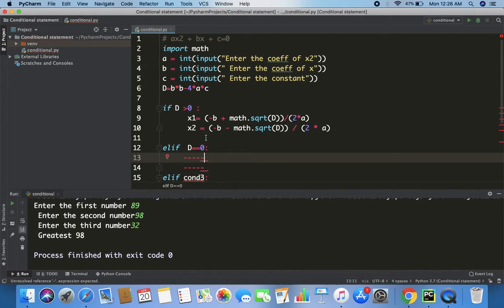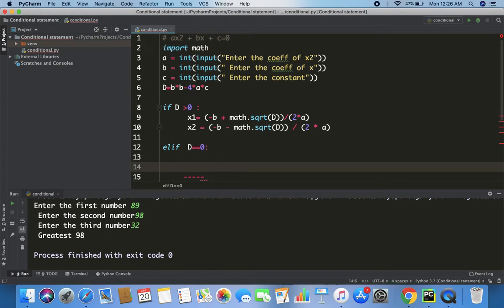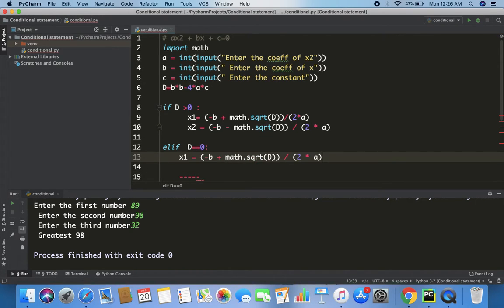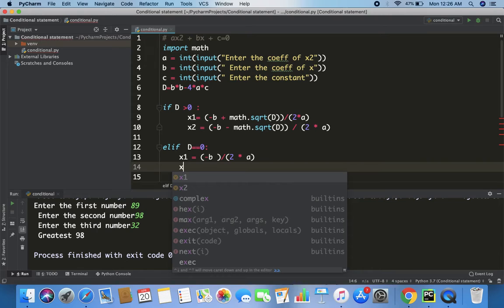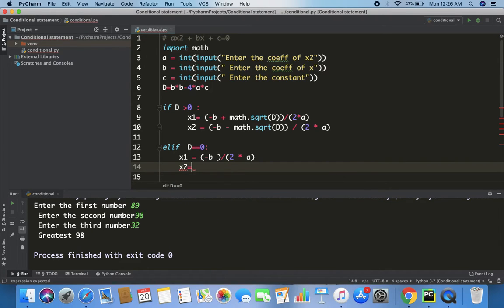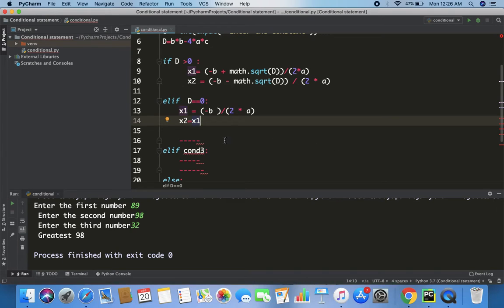If the discriminant is equal to 0, then this sqrt part doesn't make any sense, so you can write minus b over 2a, and x2 will be x1, because this is the condition of equal roots.